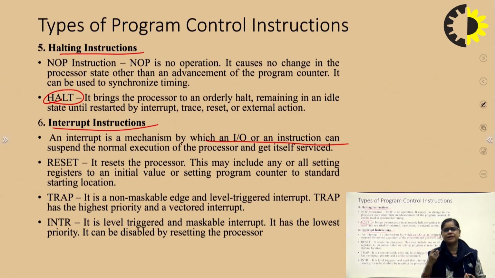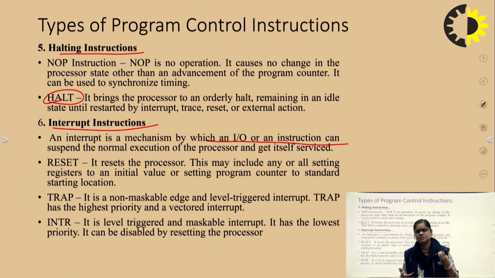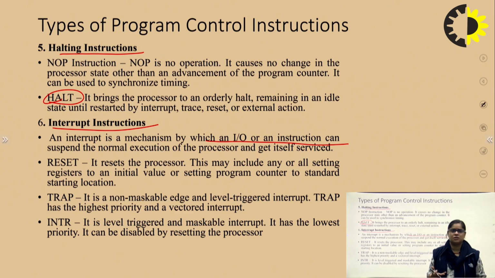If an electric failure happens, my presentation will be stopped until some interrupt occurs. When the light comes back, I start my presentation again. So an interrupt is simply a mechanism by which an input, output or an instruction call can suspend the normal execution of the processor and get itself serviced.